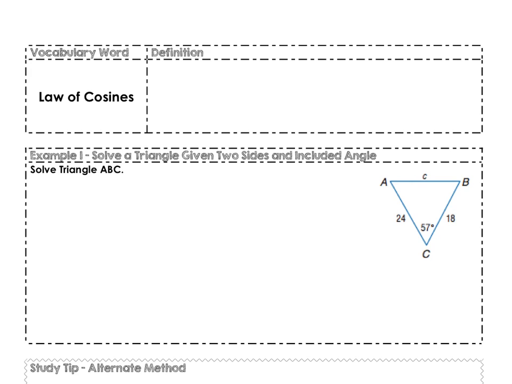So what I'm going to do first here is I'm going to solve for side C using the law of cosines. Well, the law of cosines is C squared equals A squared plus B squared minus 2AB times cosine of angle C. What I'm looking for is, once again, what I'm set equal to.